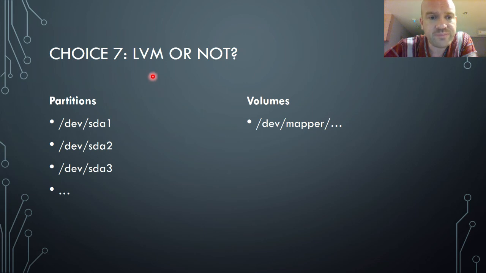So anyway, moving on. We have partitions on our hard drive. We could do it in a different way. We could do logical volume management and map all the volumes logically instead of defining them in a traditional way.